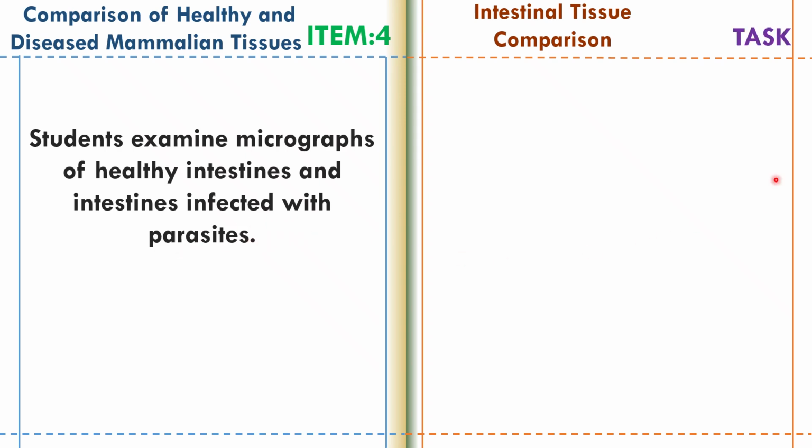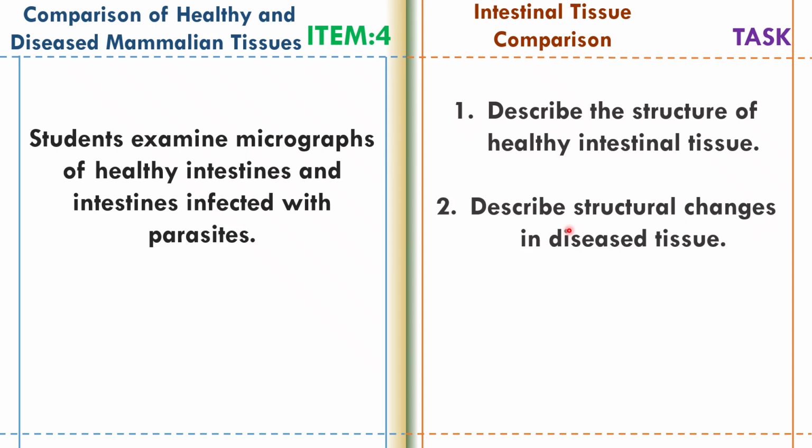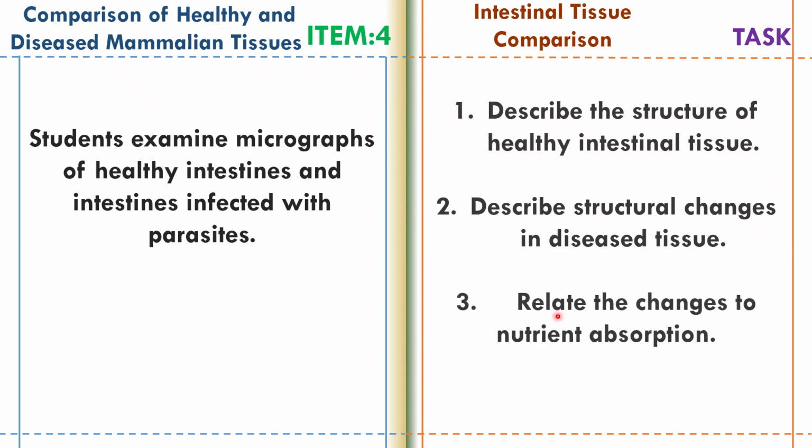Task: describe the structure of a healthy intestinal tissue. Describe structure changes in a diseased tissue. Relate the changes to nutrient absorption.